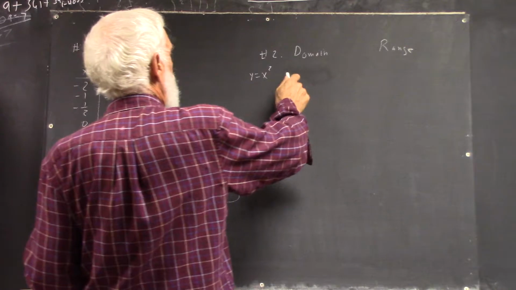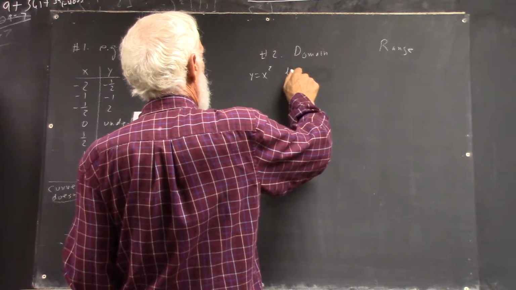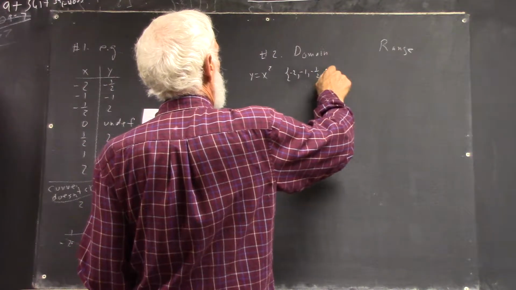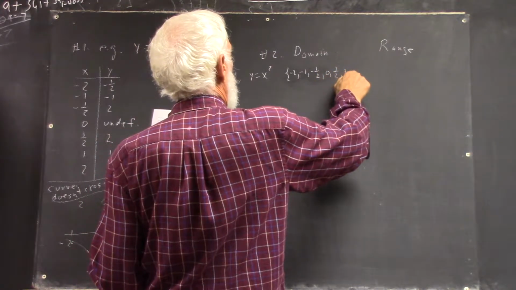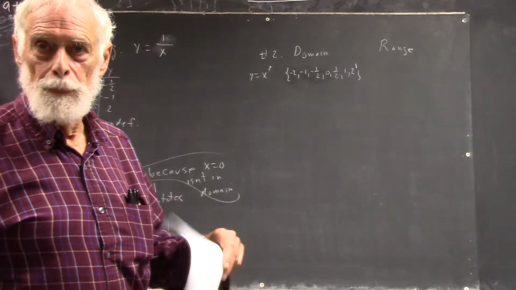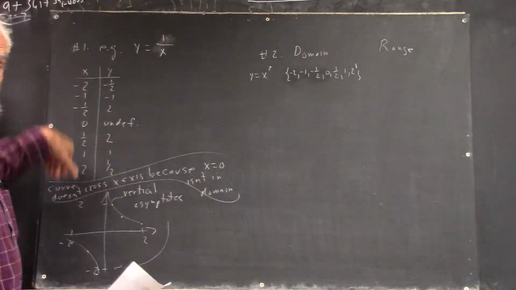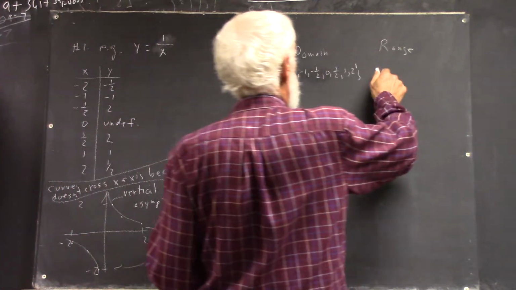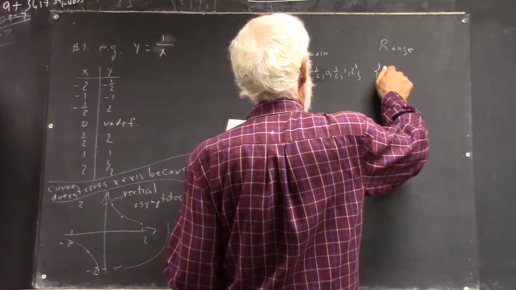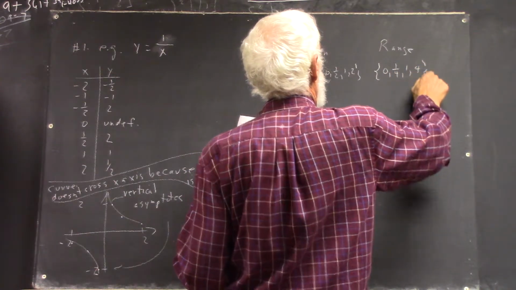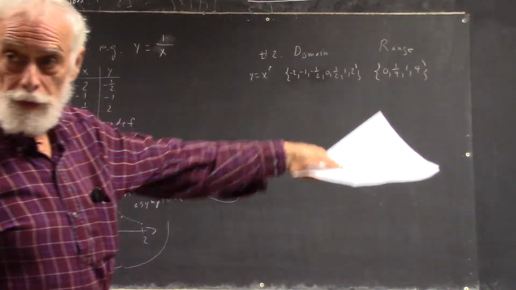The domain for the basic function consists of -2, -1, -1/2, 0, 1/2, 1, 2, because the basic function, as we've discussed, is just the points you get when you do your table. Okay? And the range is 0, 1/4, 1, 4. Those are the values that you get.